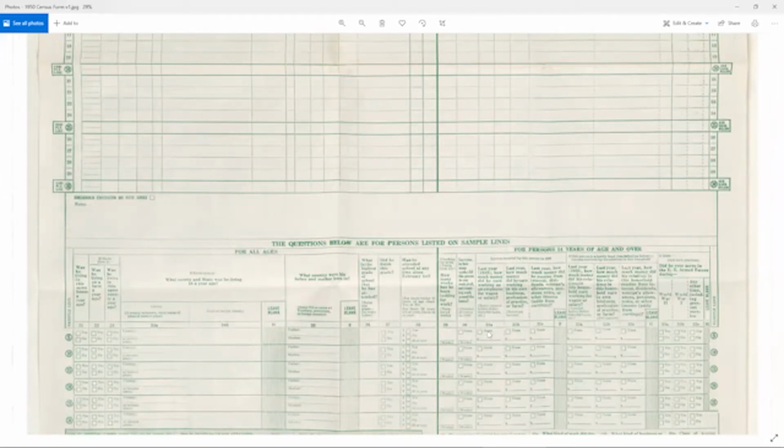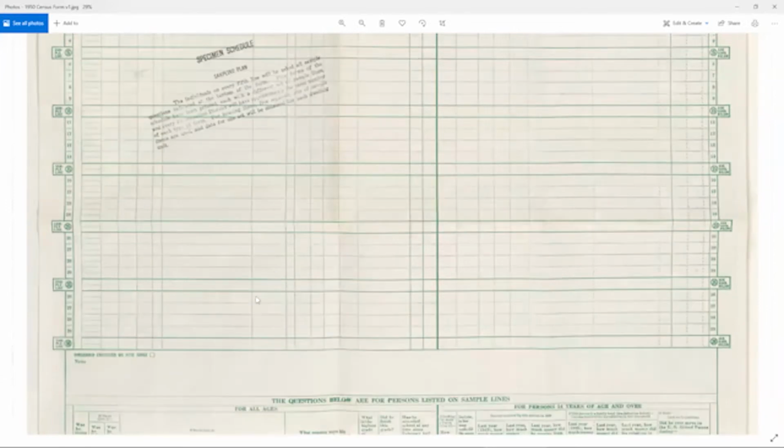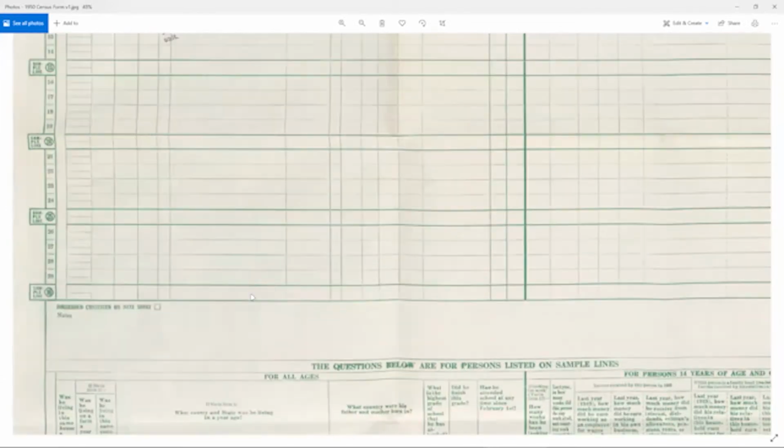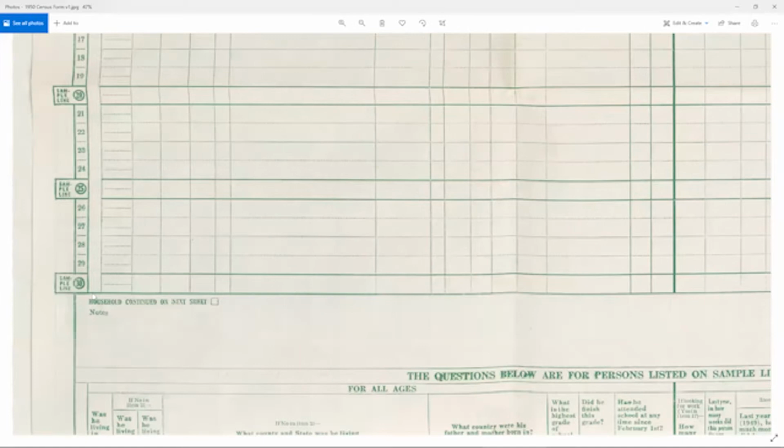So we saw supplemental questions introduced on the 1940 census, where there were 2 people on a sheet that got these extra questions. Well, this time it's 6 people. But one of the things I want to point out real quick before we go into those is this right here. So right after number 30, it has a little checkbox that if checked, it means that the household is continued on the next sheet.